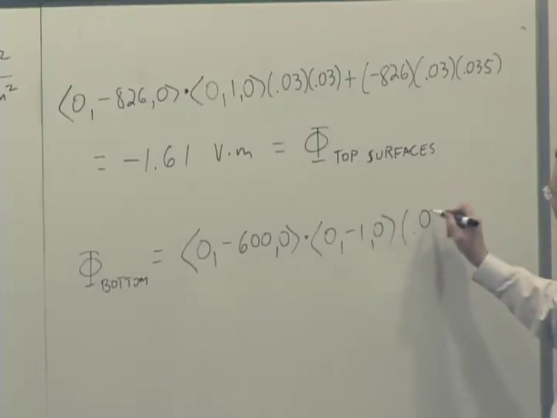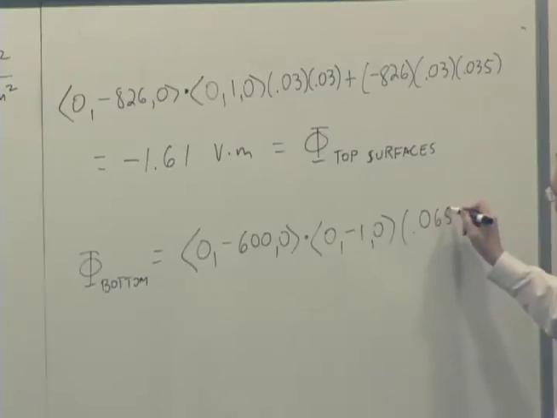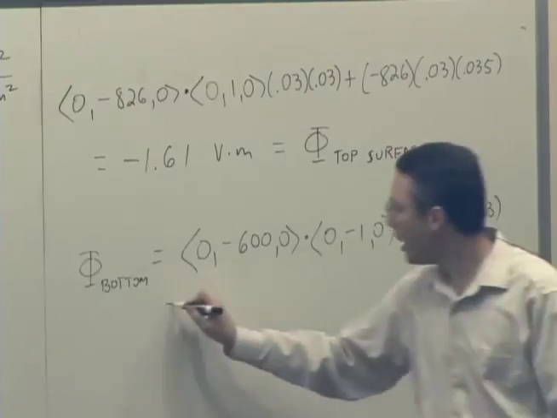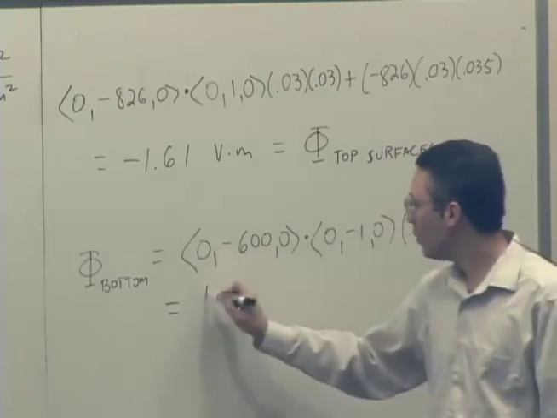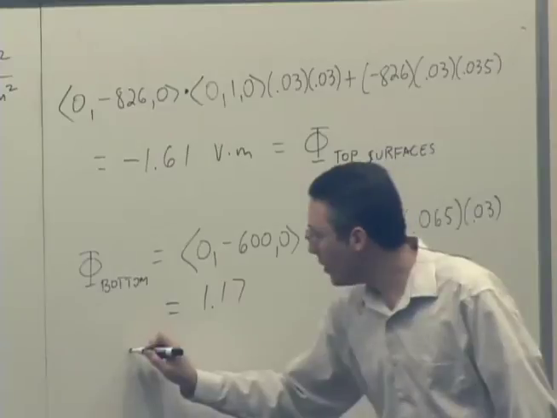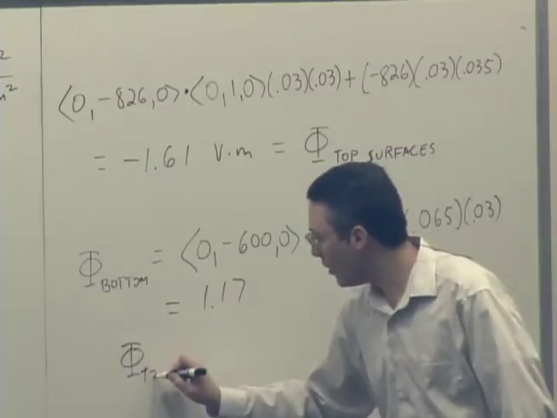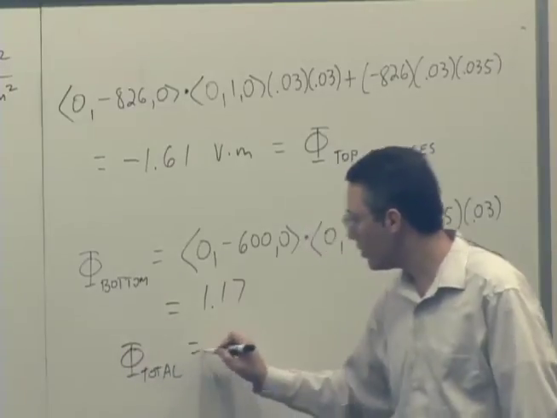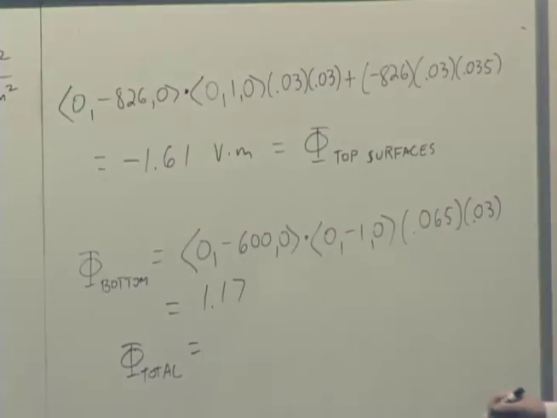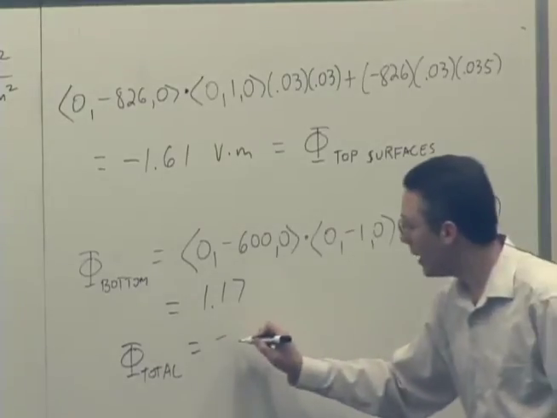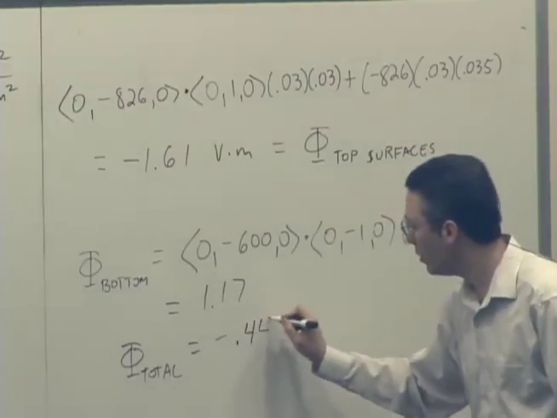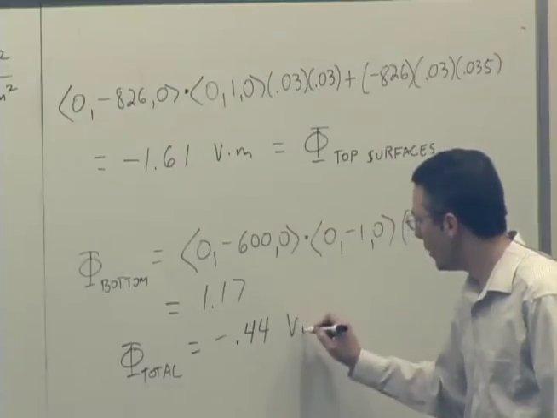And then it's 0.065 times 0.03, right? Is that the correct area? And what do you get for the bottom flux? 1.17. So when you add those together, the total is negative something. Negative 0.44. And that's in units of volts times meters.